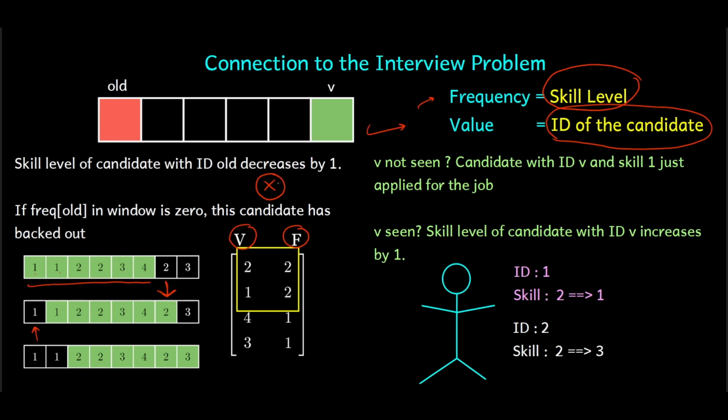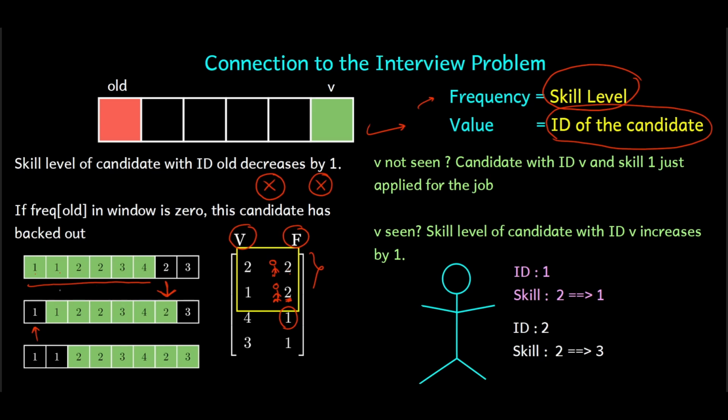That would mean that there are X open slots. This candidate has skill 2, that is why it was selected, and this candidate has skill 2, that is why it has been selected. This candidate had skill 1, but we only had 2 slots, so this was rejected.